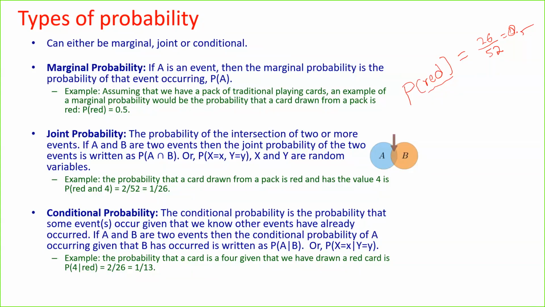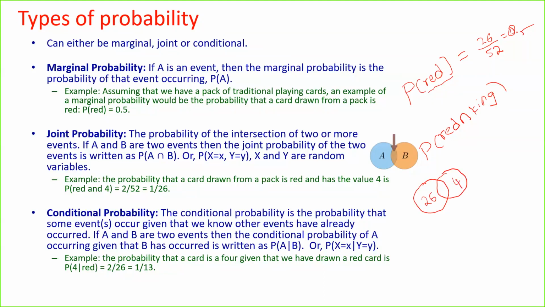The joint probability is the intersection of two or more events. For example, if I ask you what is the probability of picking a red color king card? It means it should be red as well as king. Two things. If you look at the space of red color cards, 26 are there. If you look at the space of only kings, 4 kings are there.